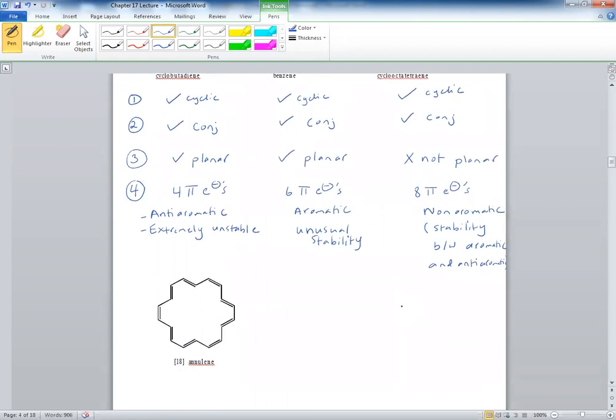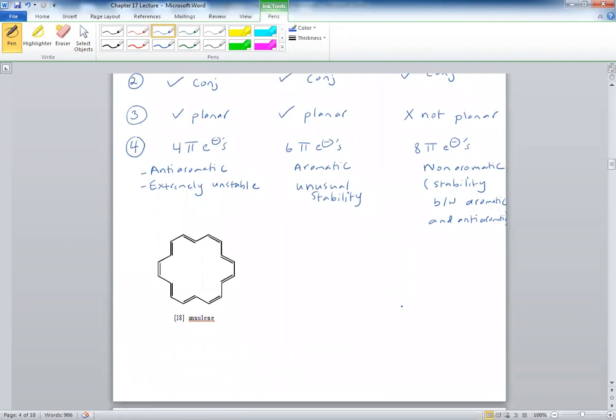Okay, so let's examine aniline. Is it cyclic? Yes. Is it fully conjugated? Does it have p orbitals? Yes, it has pi bonds all over.